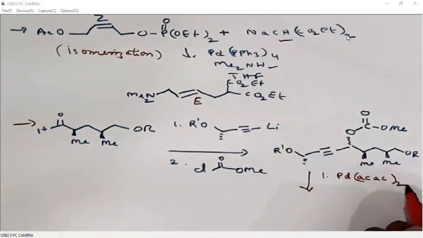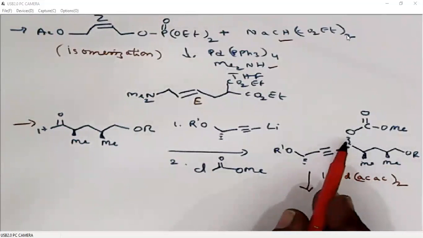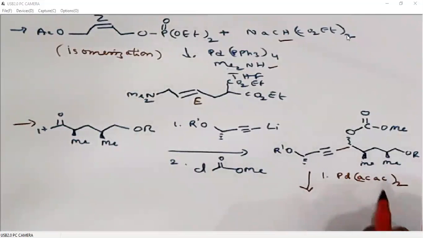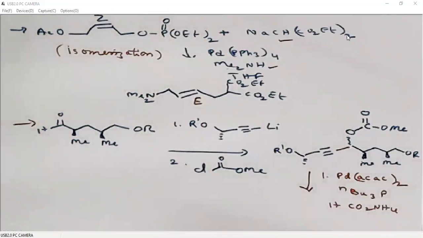What we are doing is coupling this allylic system with a nucleophile. In this case, instead of a nucleophile, we will use ammonium formate, so that the allylic position will be protonated. What will happen when we are not using any nucleophile here?